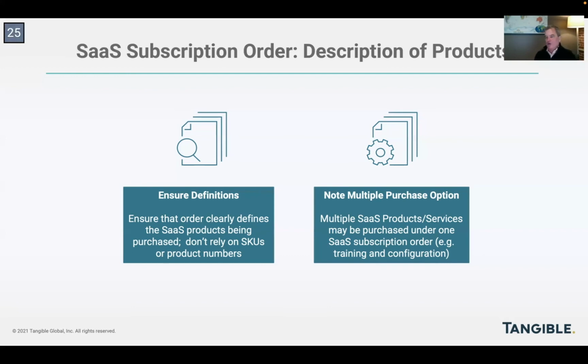And those often will be packages like training, customization, sometimes a reskinning of the product. But the SaaS order will cover both components, and the master SaaS agreement will, as we discussed earlier, provide the legal terms for both the technology relationship and the service relationship.